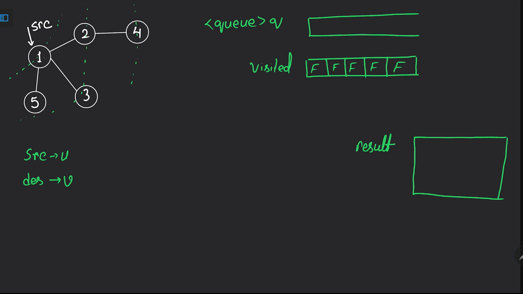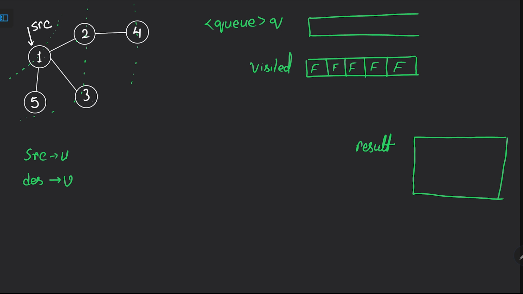Now first we will traverse from 1, then it's directly connected with relevant vertex is 2. So first we will visit 2, then we will check if another connected vertex is there, then we will visit 3.